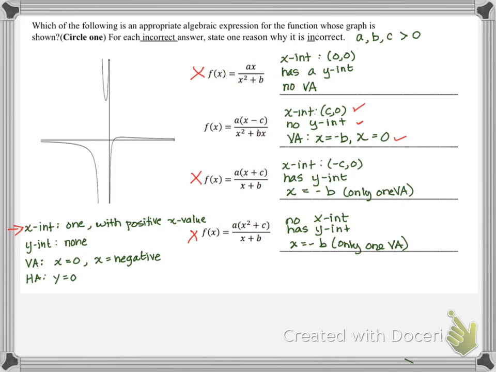What about horizontal asymptotes? What's the horizontal asymptote of the first one? So y equals 0. Yeah, because the degree of the top is larger than the degree of the bottom, right?